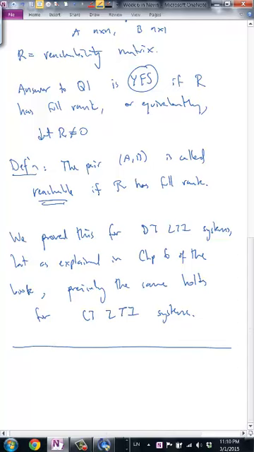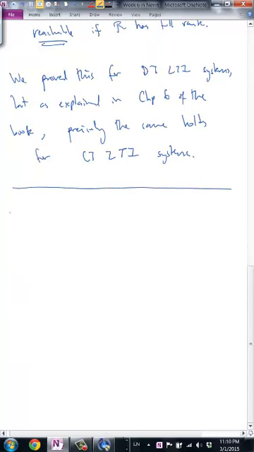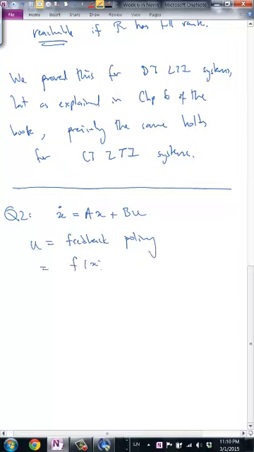Okay, so the next important question concerns linear state feedback. So let's move to continuous time. Of course, everything holds for discrete time as well. So suppose we have x dot equals Ax plus Bu, and we want u to be a feedback policy, which means that it's some function of the state. But moreover, we want f to be a linear function.